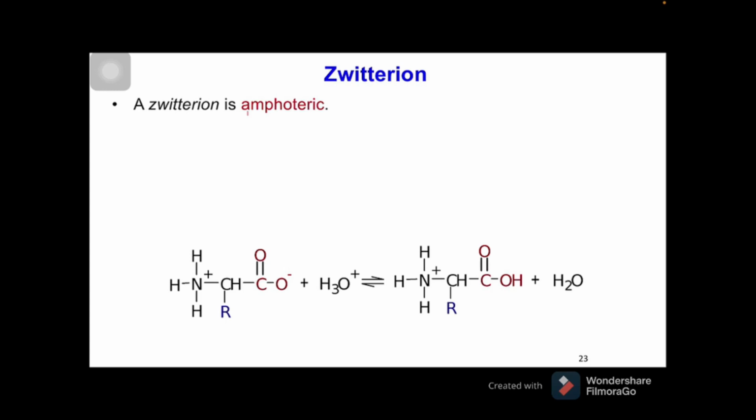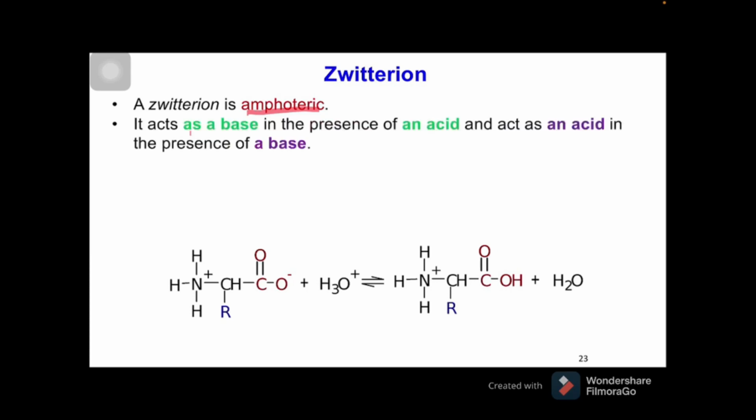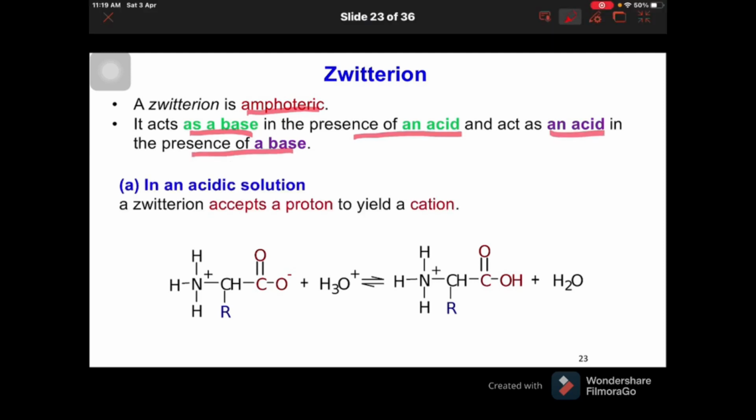Zwitterion is amphoteric. Okay, what is the meaning of amphoteric? You look at the sentence. It acts as a base in the presence of an acid, and it acts as an acid in the presence of base. In acidic solution, a Zwitterion accepts a proton to yield a cation.